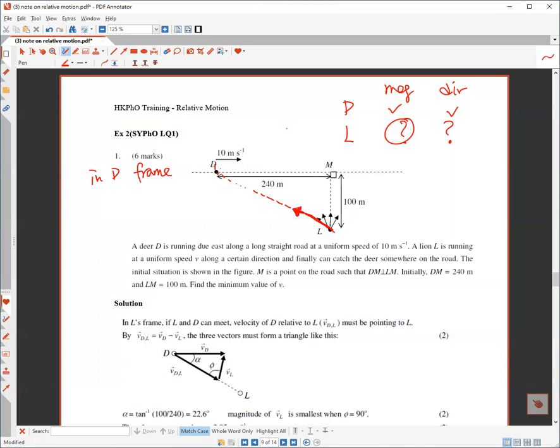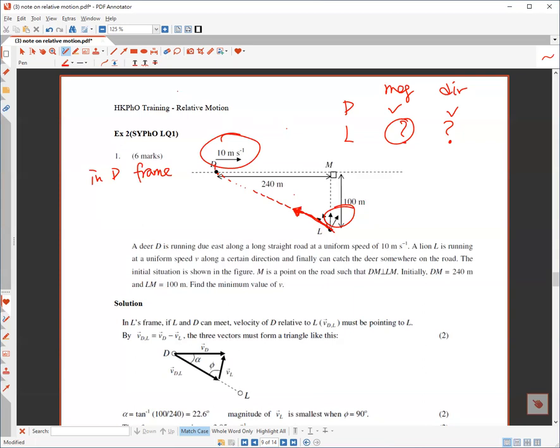If not, then because both velocities have a certain direction, that means constant magnitude and constant direction, then the relative velocity also has constant magnitude and constant direction. So the lion is moving along a straight line. If the relative velocity of the lion relative to the deer does not point towards the deer, then the lion cannot chase the deer. So that is the idea behind it.